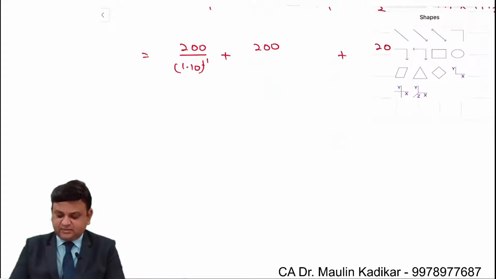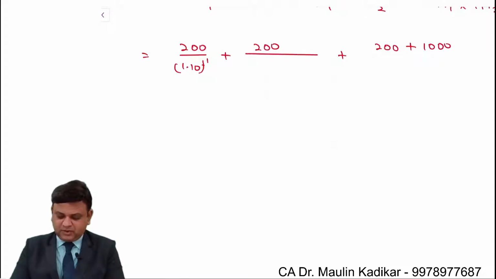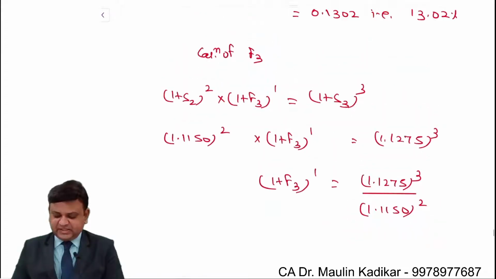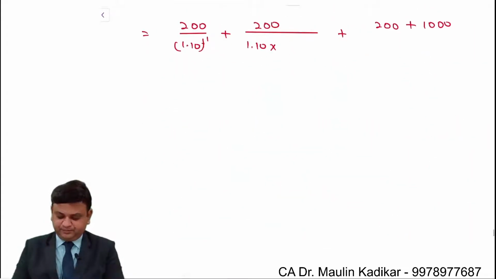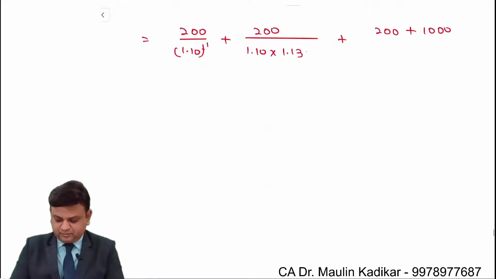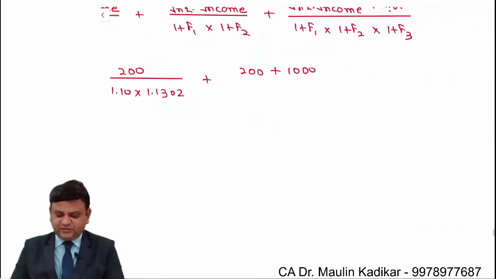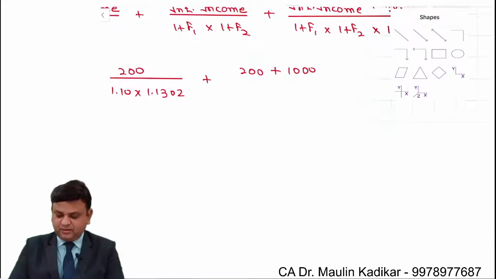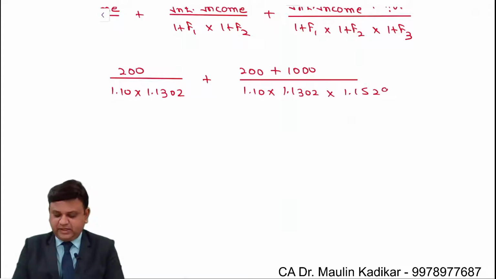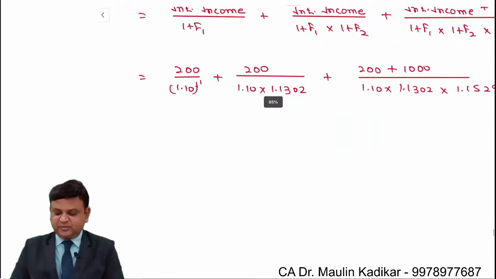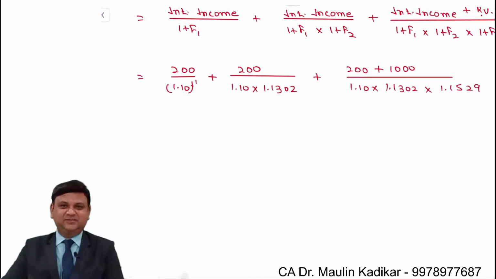For the second year, it is 1.10 into, you can see that the second year forward rate is 13.02. And friends, for the third year, it will be 1.10 into 1.1302 into 1.1529. That is the way we are supposed to make the calculation of answer.